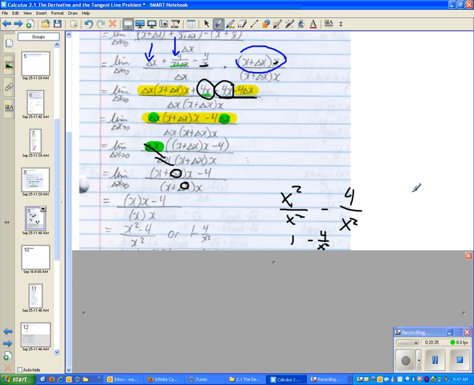I'm not real fond of it either, but the book does that quite often. All right, so I'm going to keep it as x squared minus 4 over x squared.